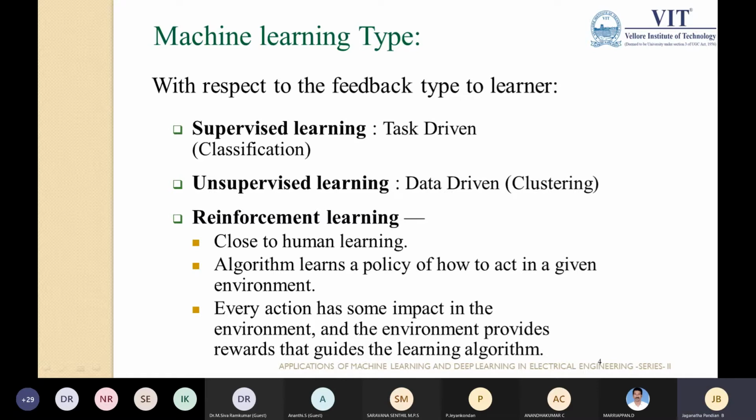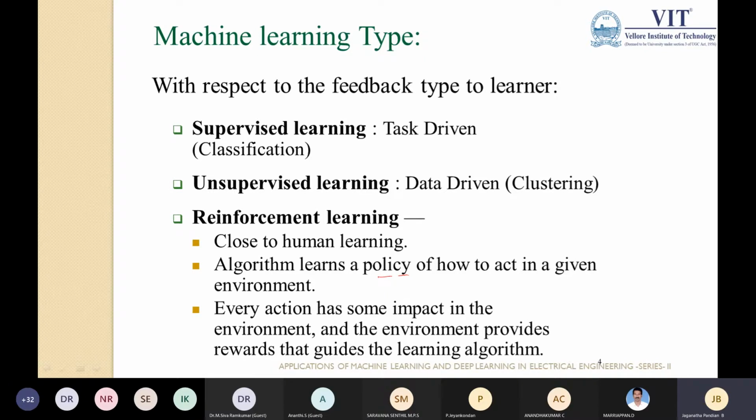So the objective here is that we are creating an algorithm to learn some policy. This particular term we are going to use repeatedly today. It is trying to learn a policy. From a control system point of view, the algorithm is trying to learn some controller output.